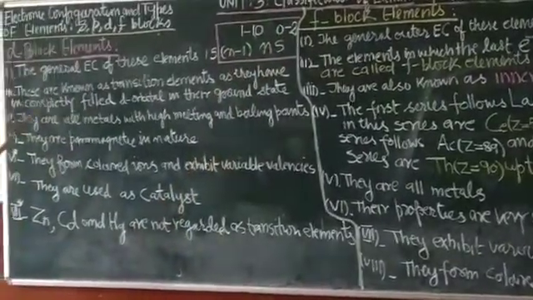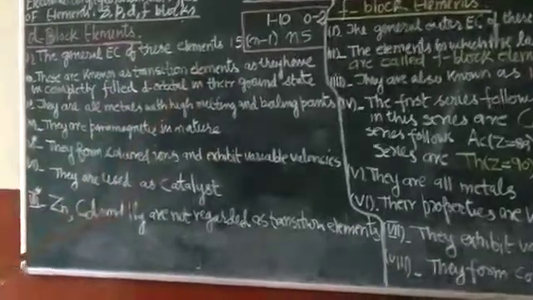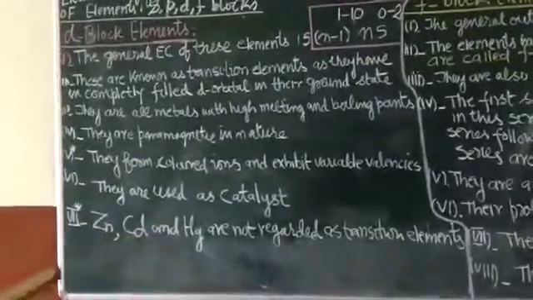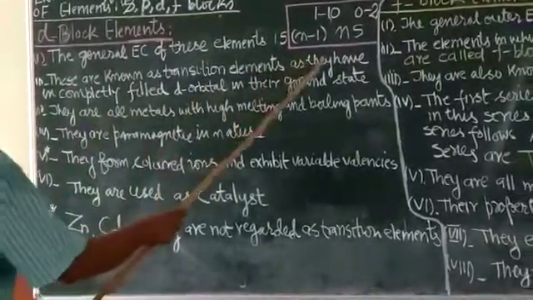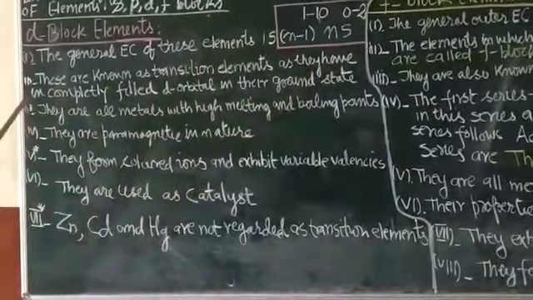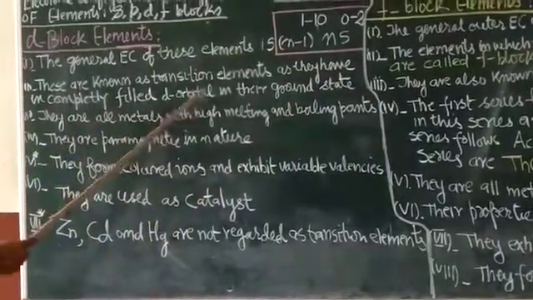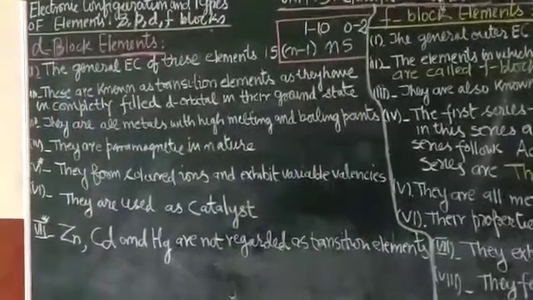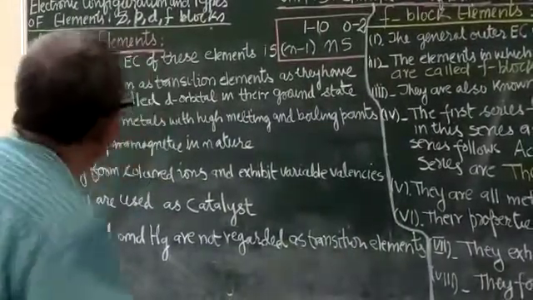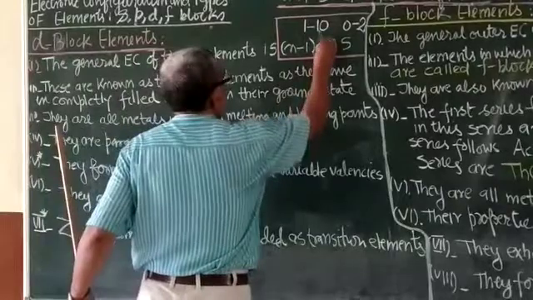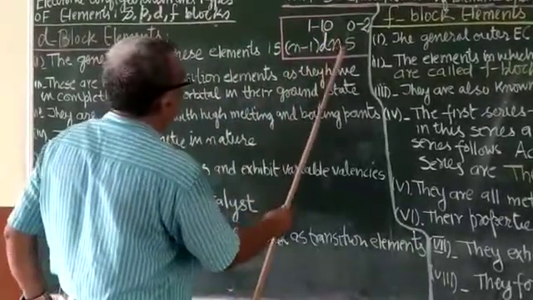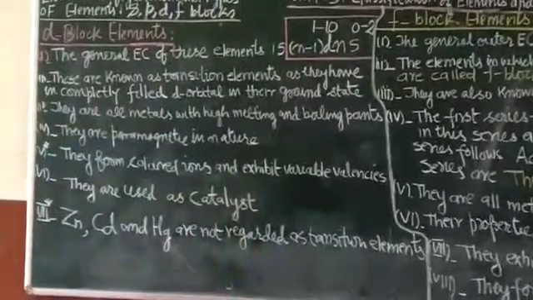Number 2, these are known as transition elements as they have incompletely filled d orbital. See here, this is the d orbital, (n-1)d 1 to 10, ns 0 to 2.